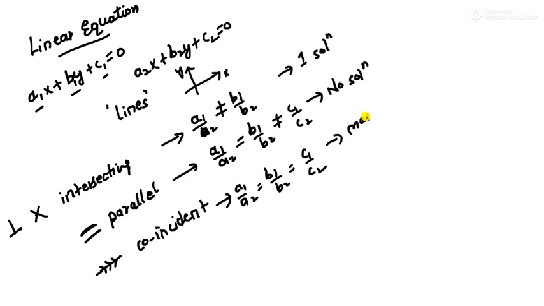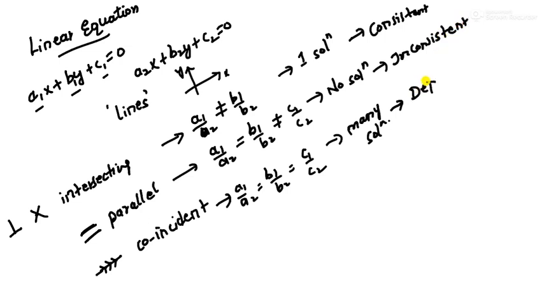So we can say it has many solutions. And one more thing you have to remember related to this is the name of the equation. The given linear equations can be called consistent, inconsistent, or dependent.